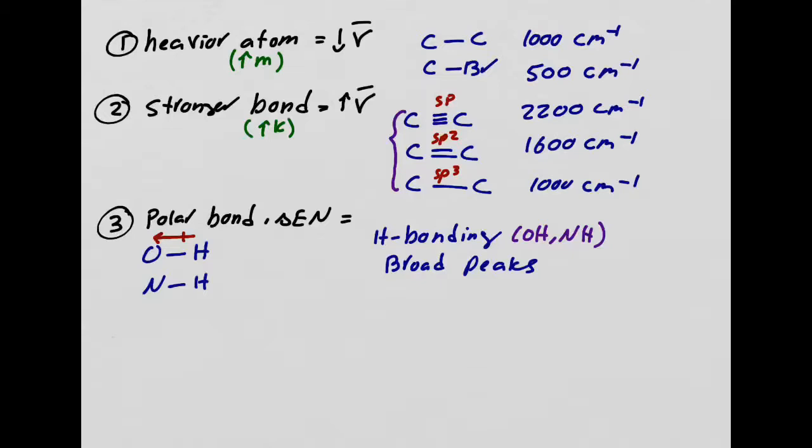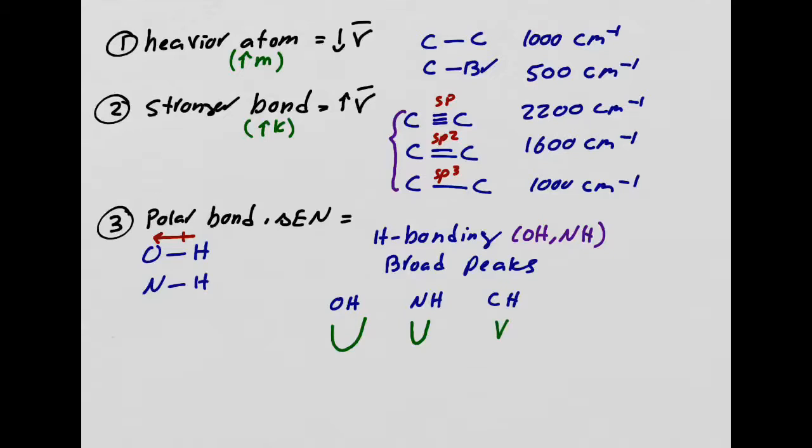So if you have an OH versus NH versus CH, for the OH, I'm going to have a broad peak. NH, a little bit less broad, but it's still broad because NH is less polar than OH. CH, not polar at all. My peak is not broad.